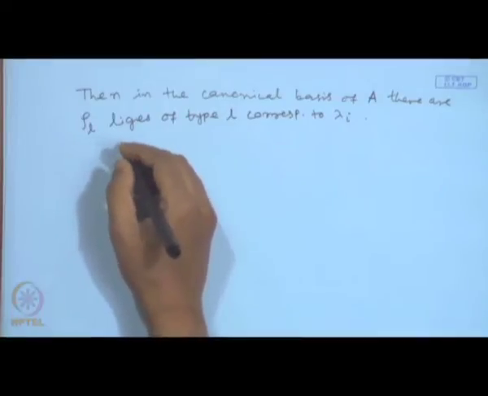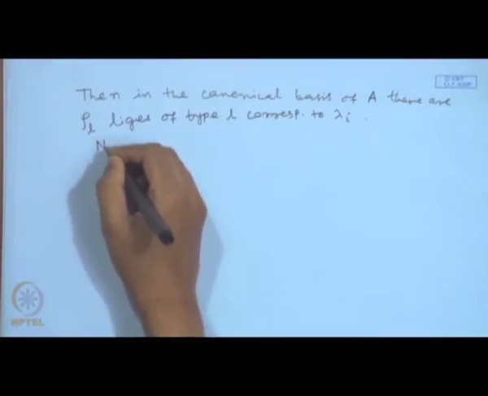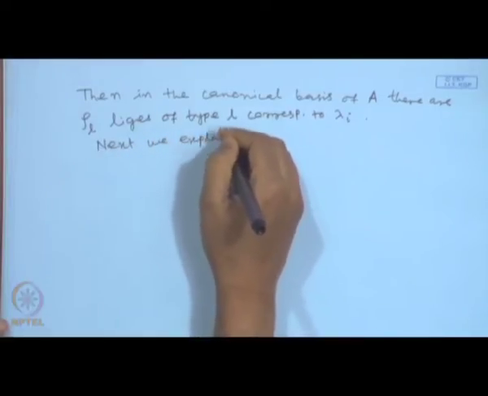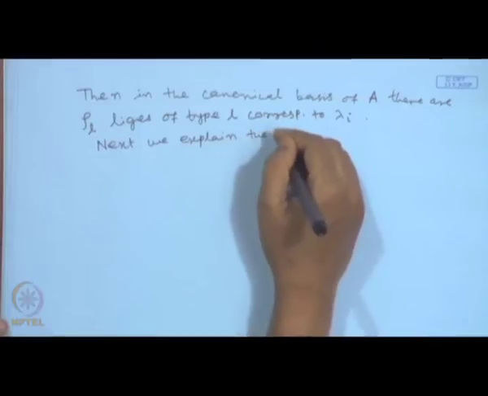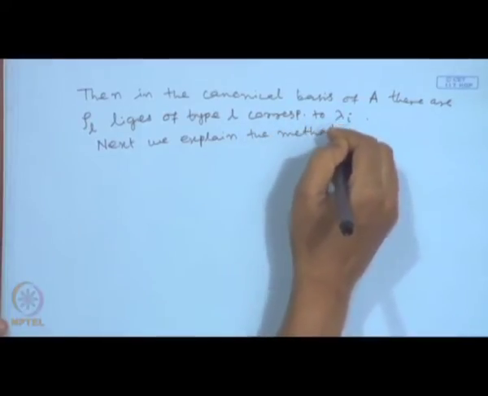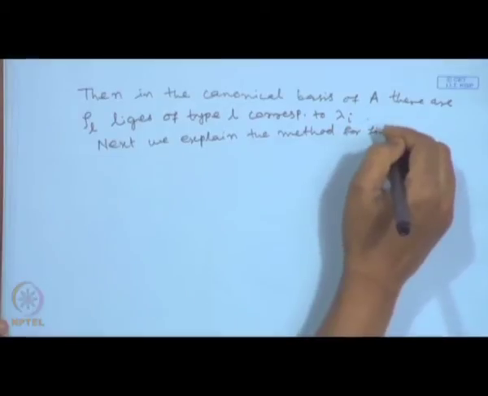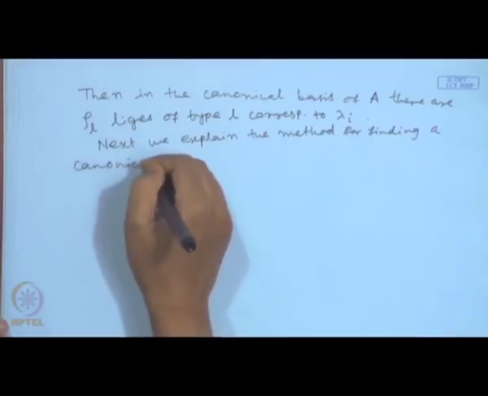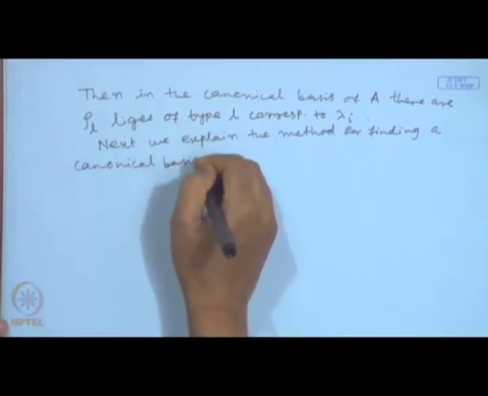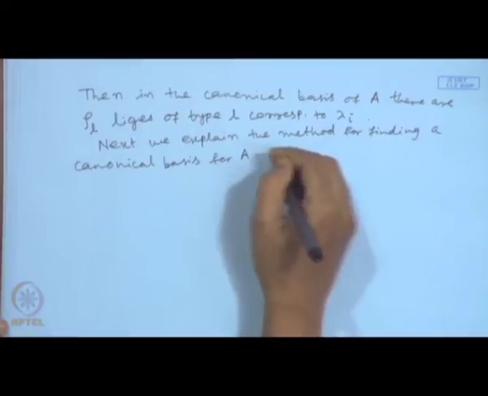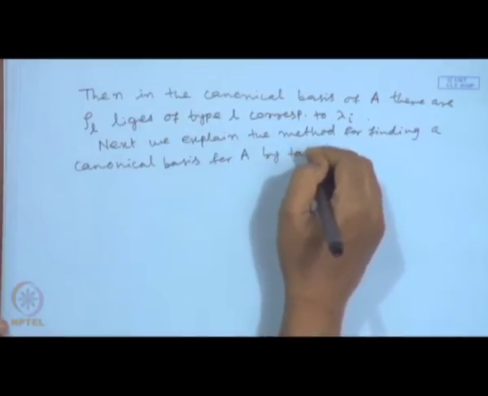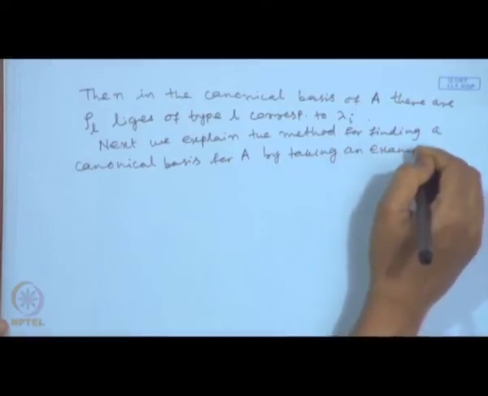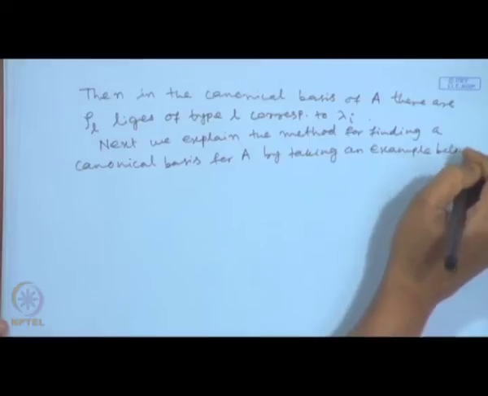Then next we explain the method for finding a canonical basis for A by taking an example below.